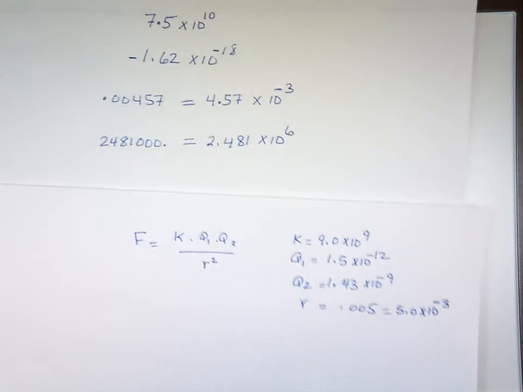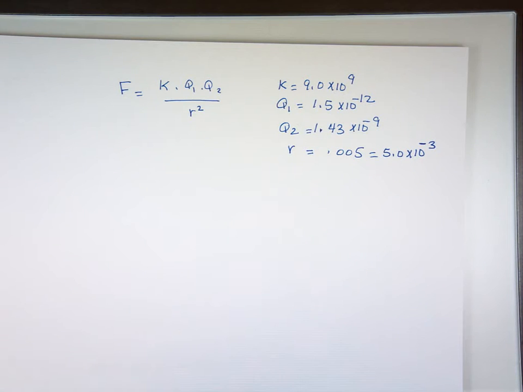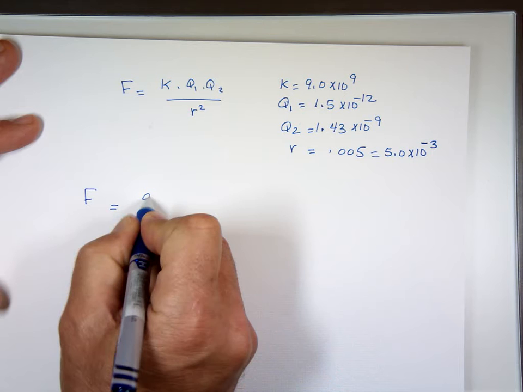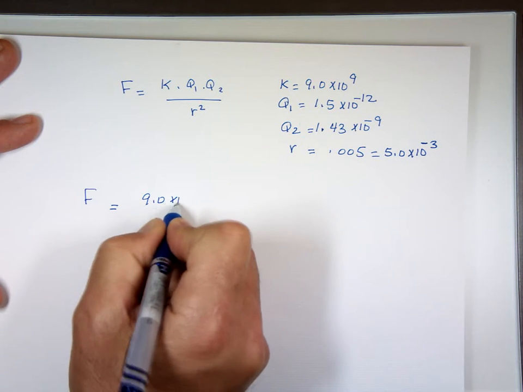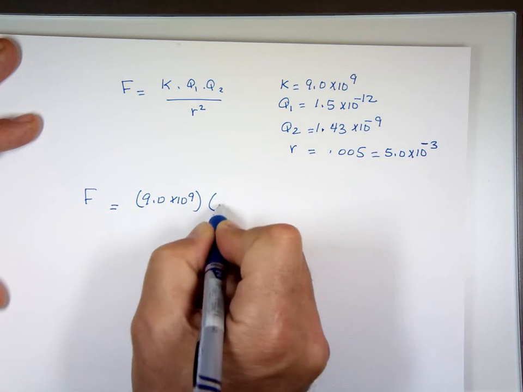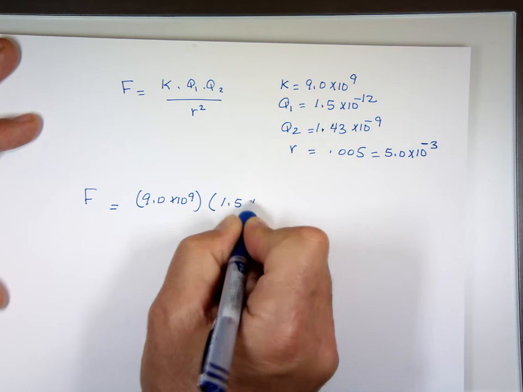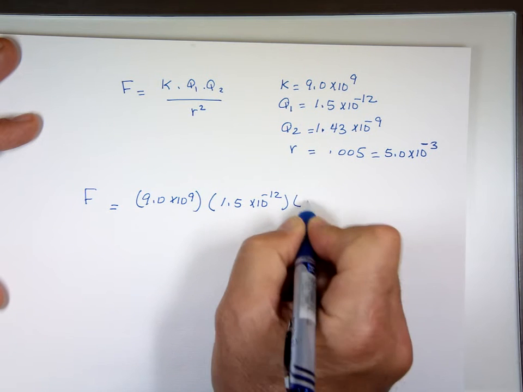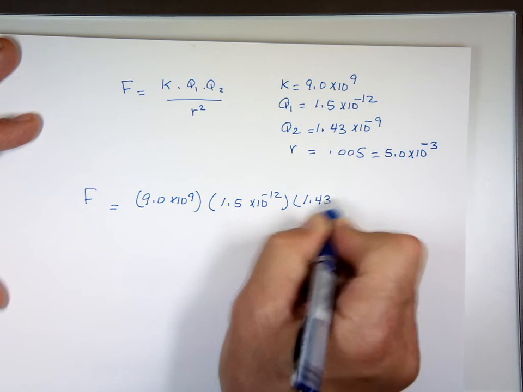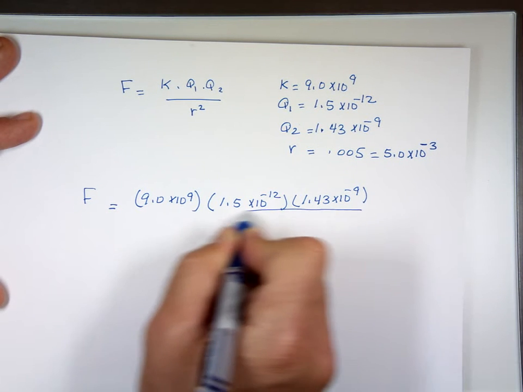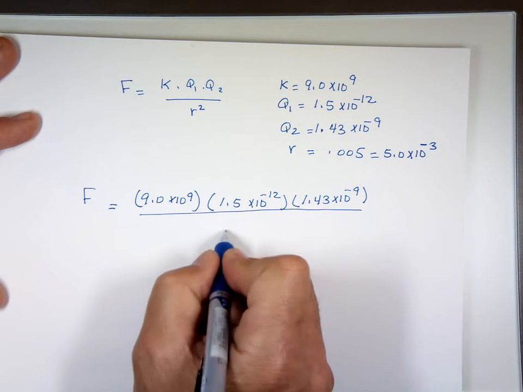Now, if you want to calculate that force, you'll definitely need a calculator for that. 9.0 times 10 to the 9. Q1 is 1.5 times 10 to the negative 12. Q2 is 1.43 times 10 to the negative 9. All of that divided by R squared.